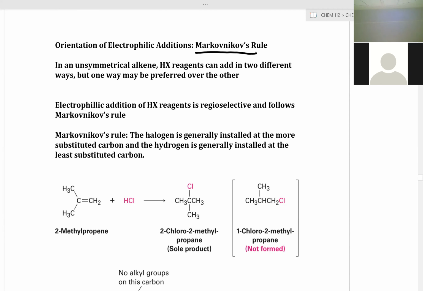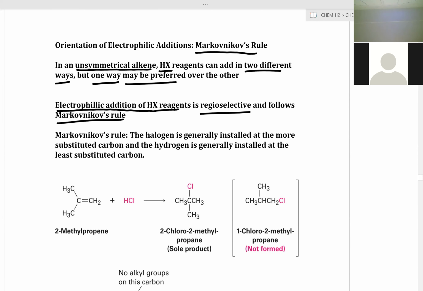So for an asymmetrical or unsymmetrical alkene, HX reagents or halogen-derived acids can add in two different ways. But one way may be preferred over the other. So electrophilic addition of HX reagents is regioselective, and follows Markovnikov's rule.